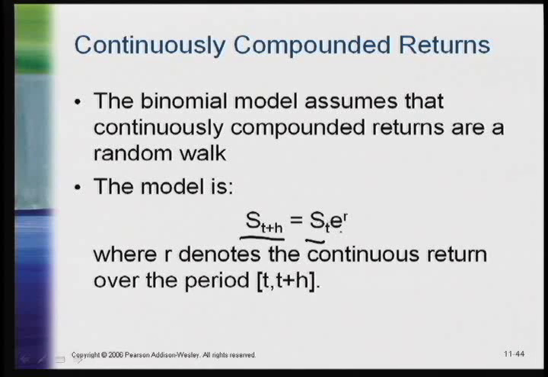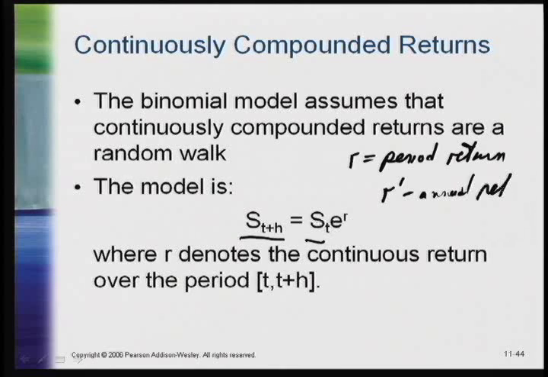Now, here R in this notation is a period return. It's more common to let R, let's call it R prime, be the annual return. And then we would write this as S_t e to the h R prime.